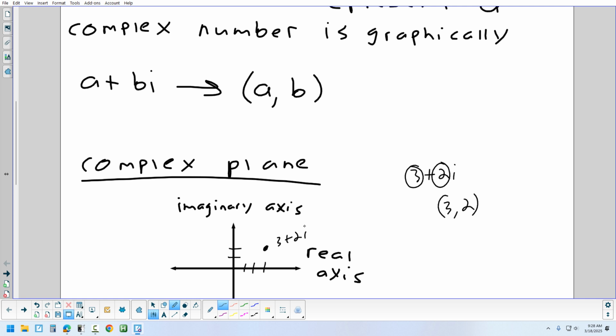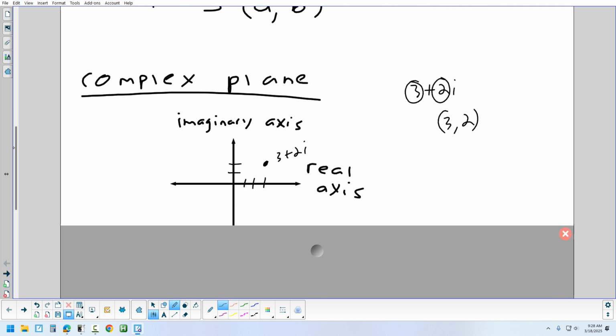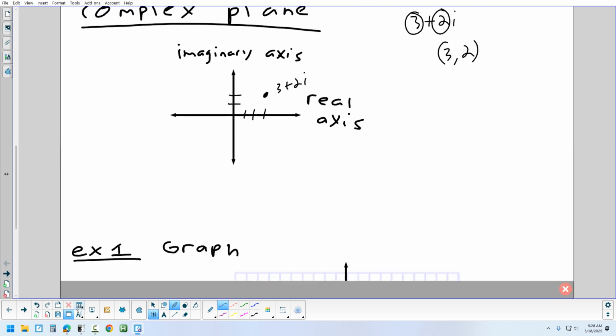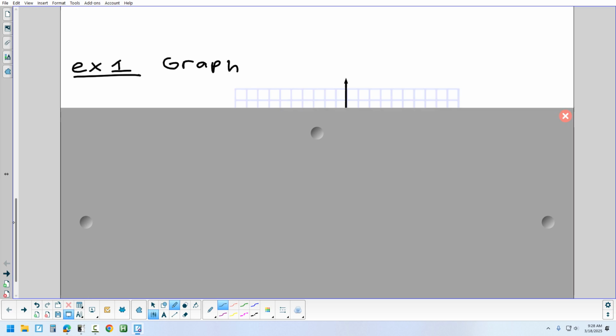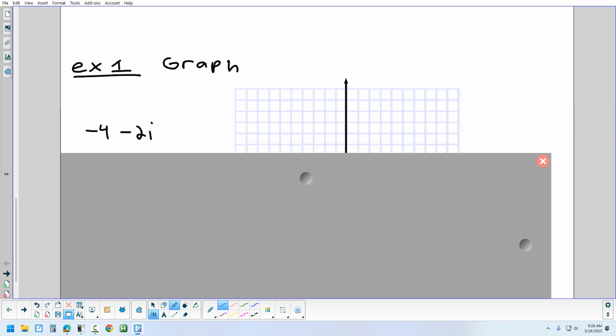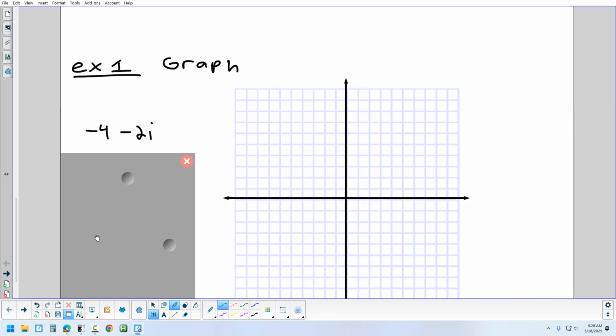All right, so let's try graphing a few more complex numbers. Let's try -4 minus 2i. Okay, so remember, real, imaginary. What's my real part of that first number? Yep. -4.